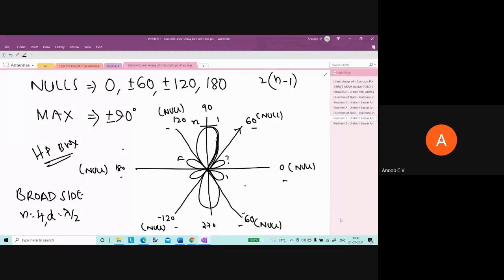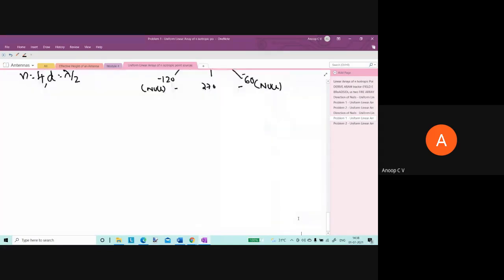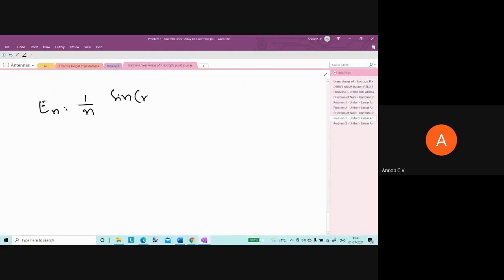The only thing is, what are the things you have to remember? I'll tell you. En is 1 by n times sine n psi by 2 divided by sine psi by 2. This is the first thing you have to remember.